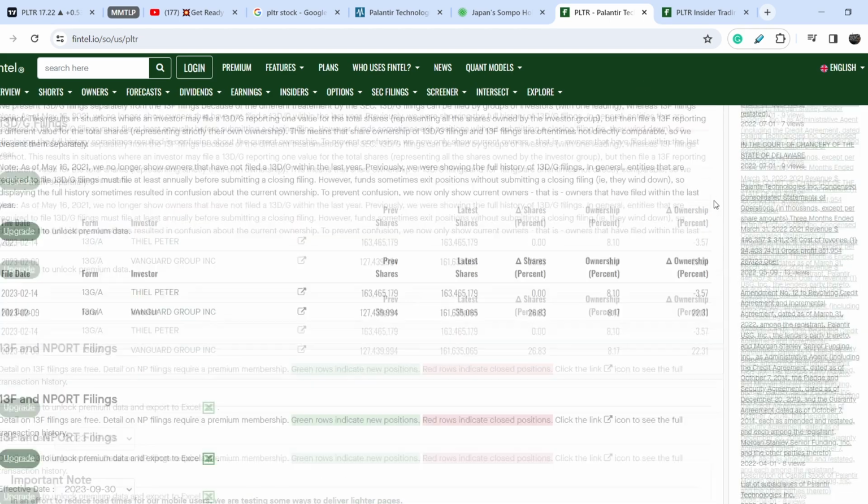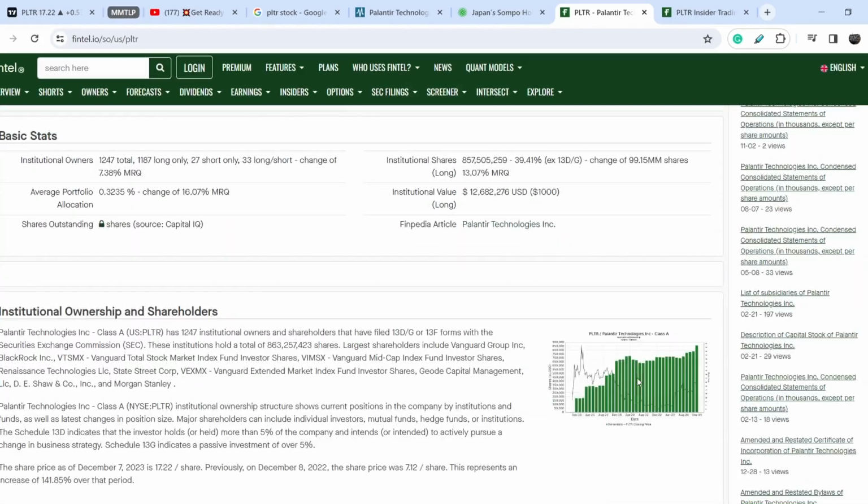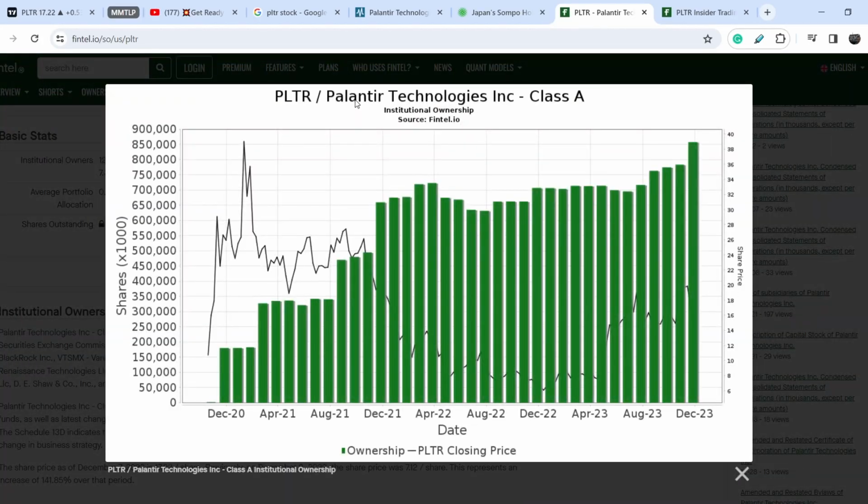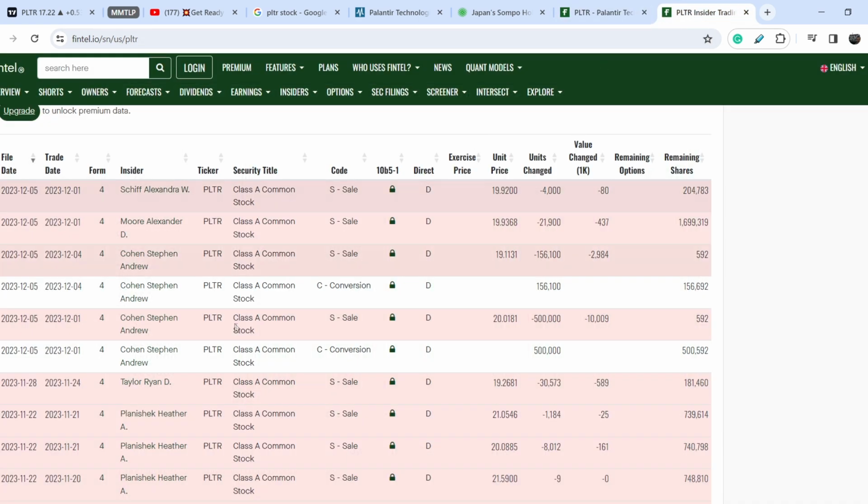But in general, if you take a look right here at this chart, which shows the number of shares that belong to institutional investors, we have an increasing number of institutional investors who bought Palantir shares right now. And it is quite a good sign. But on the other hand, if we take a look right here at the list of insider traders, you will find that insiders are still selling their stocks, and it is not the best sign.